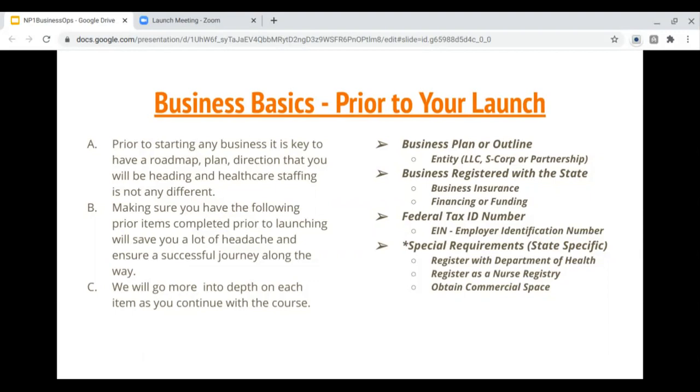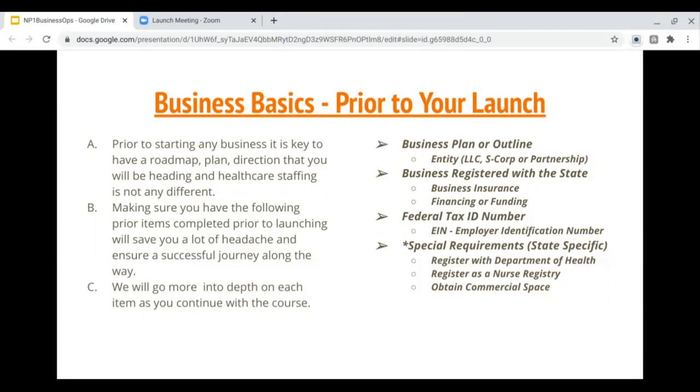And then to touch a little bit on the special requirements. For the majority of the states, not all of them, have very seamless requirements to get started. You need to have your business incorporated, know what type of entity it is, and register with the state like you would any other business. There are a few states that require that you register with the Department of Health.